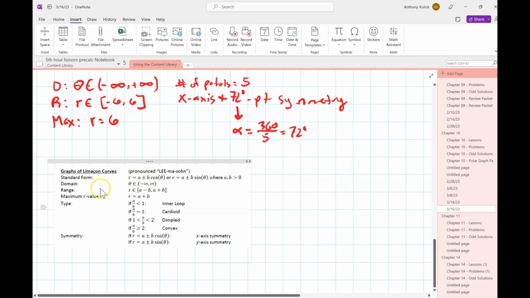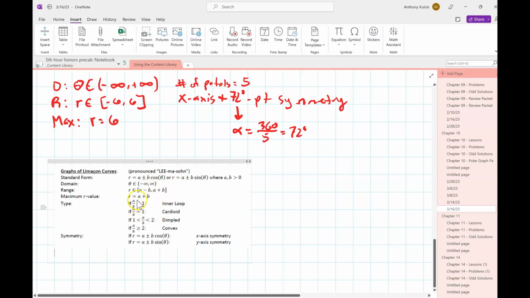Okay, so the domain is still all real numbers, not surprising since the domain of sine and cosine was all real numbers anyways. The range is going to be a minus b and then a plus b. Since a and b are both positive values, we don't have to worry about absolute values. The maximum value for r is just a plus b, shocking.